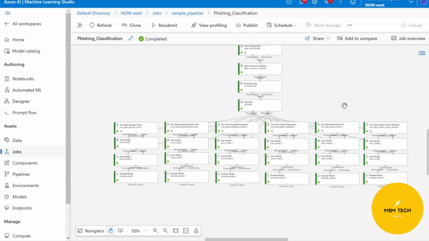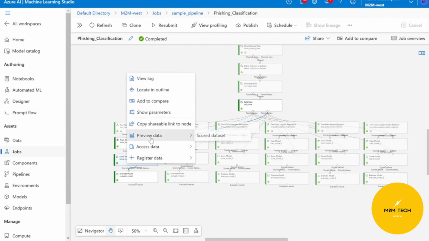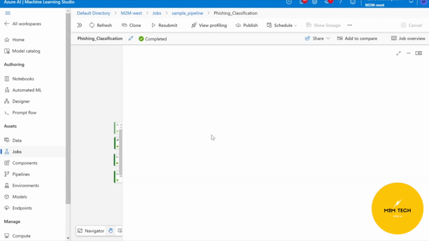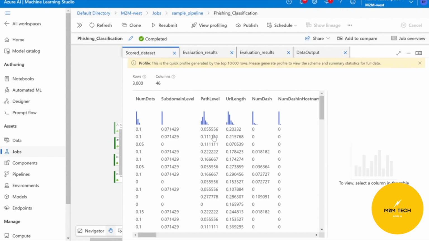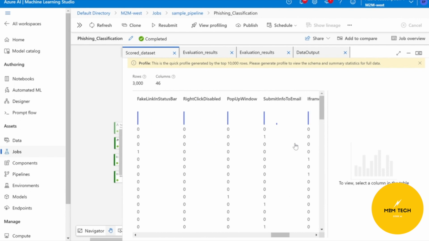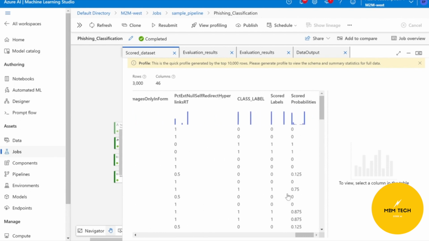For each algorithm, I've trained our model in it, and then taken the score of our model, which gives an output of the prediction of our model, classifying whether the email is spam or not, and gives the scored probabilities for this prediction.